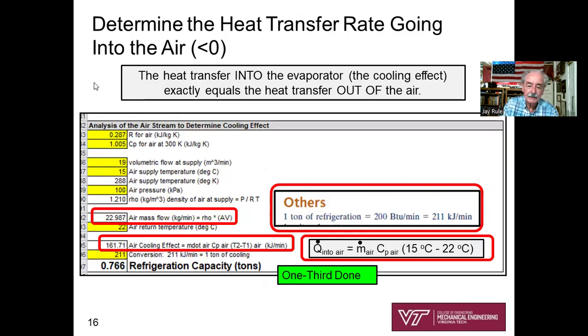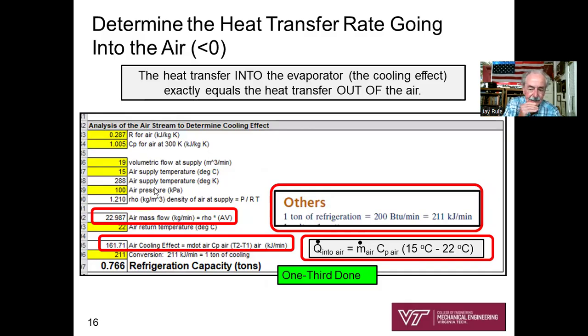Okay, so let's go and determine the heat transfer rate. The first thing we do, we write down R and CP, R for air and CP for air, okay? Volumetric flow rate. We calculate rho. Rho is P over RT. Okay, let's see, the air pressure, 100 kPa. Did I not, that might not have been given.